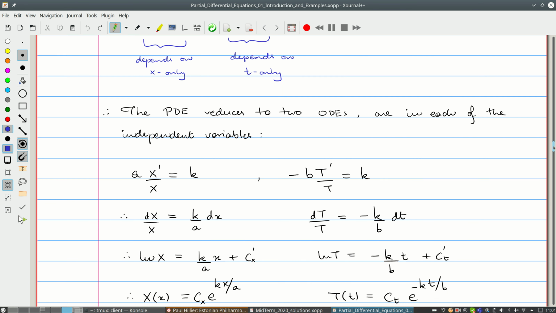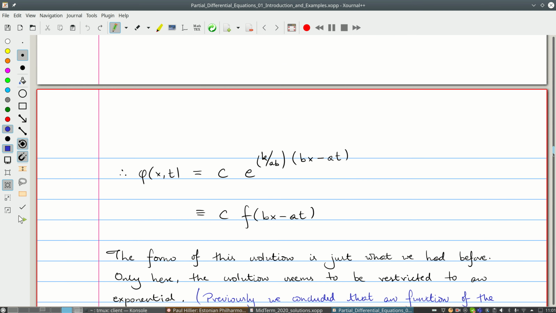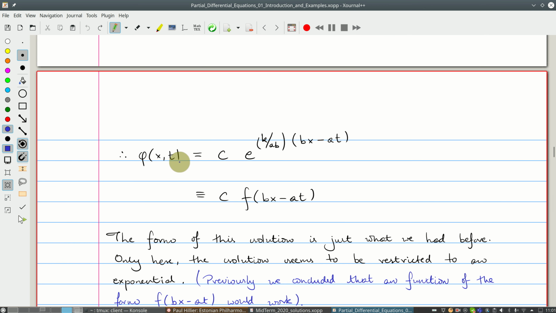You can combine those two scalars to give you another scalar, and what we then have is that our solutions are of the form scalar times e to the k over ab times (bx minus at).